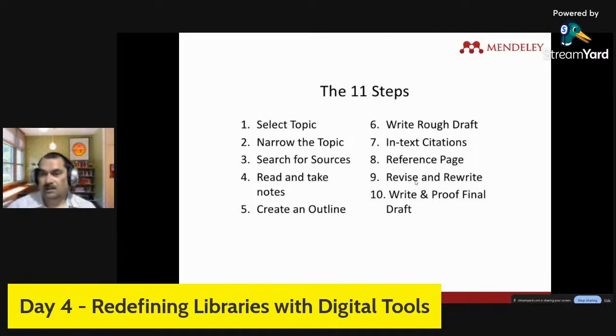And when we complete this process, selecting the topic and narrowing the topic, our third step is searching the literature, searching the different resources. Why? Because we have to find the research gap.